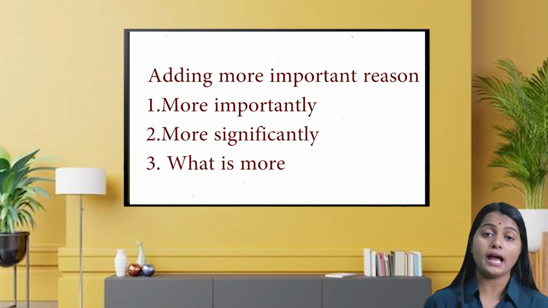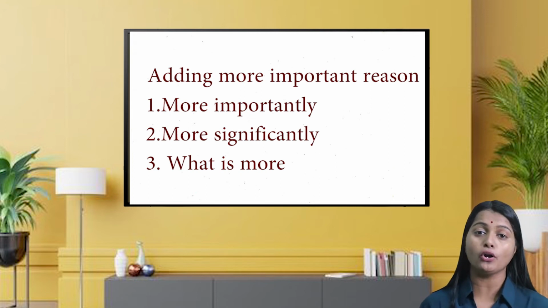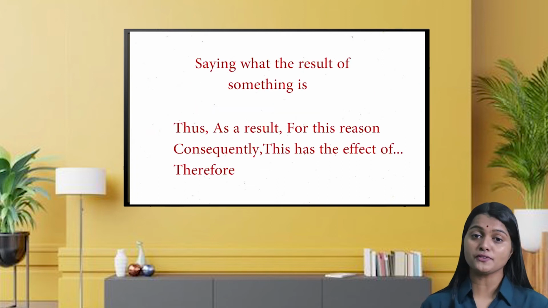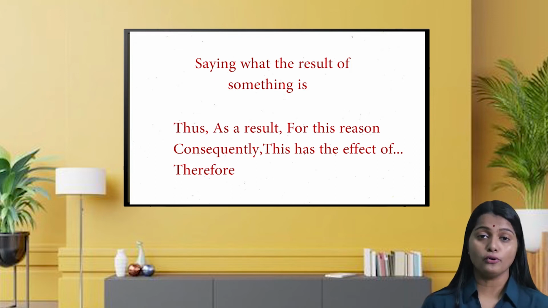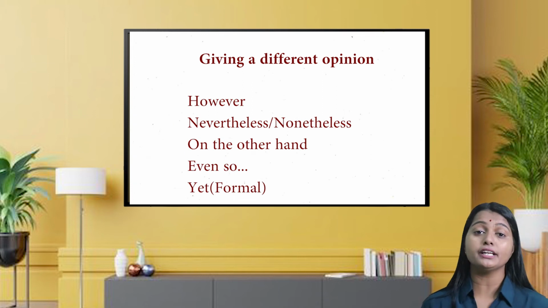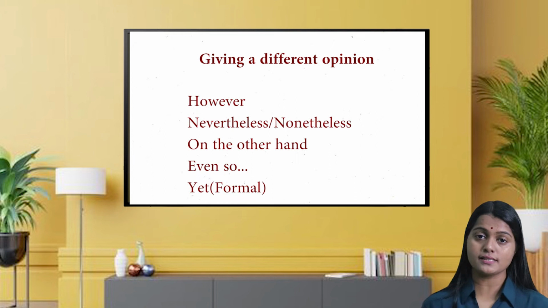When you want to add a more important reason in your essay, you can use at the beginning more importantly, more significantly, what is more. When you want to say the result of something, you can use the phrases thus, as a result, for this reason, consequently, this has the effect of, therefore. And when you are aiming to give a different opinion: however, nevertheless or nonetheless, on the other hand, even so, yet.